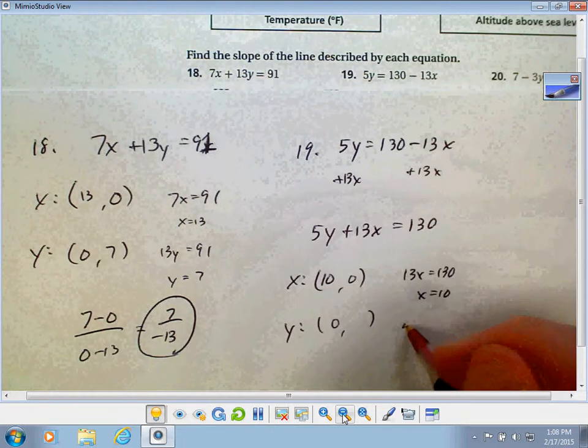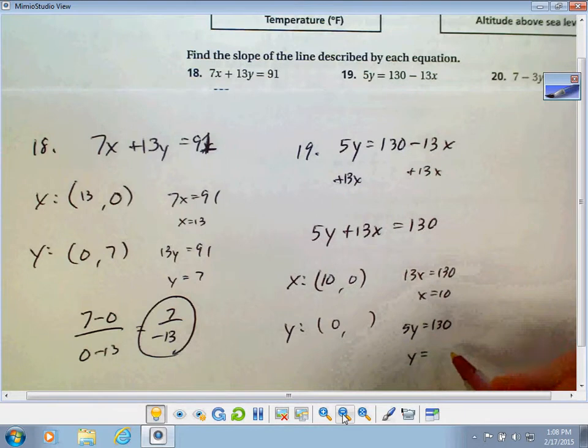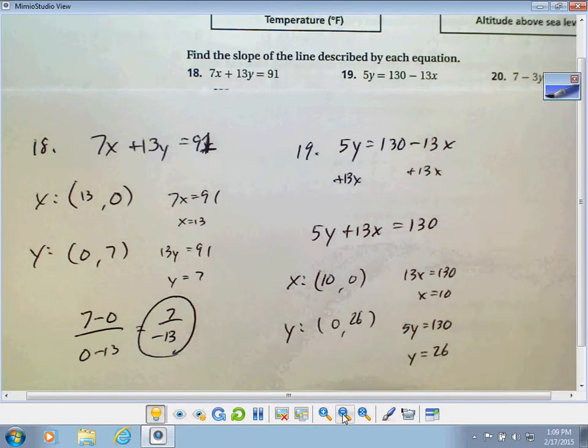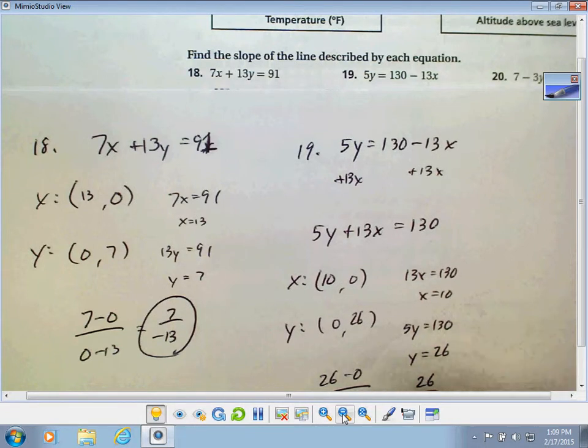And this one would be 5y equals 130, so y equals 26. So it's going to be 26 minus 0 over 0 minus 10, and that is 26 over negative 10. That one reduces down, at least by 2's, to 13 over negative 5.